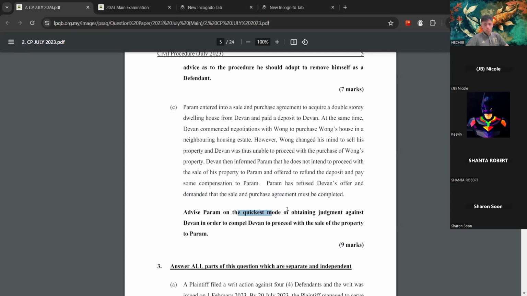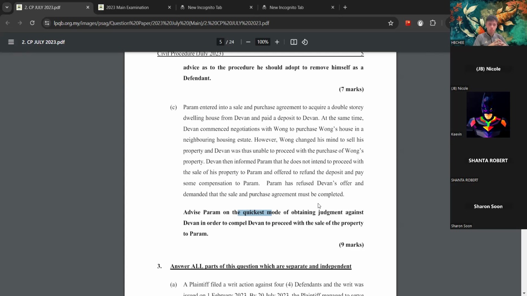But to me, I will separate my answer into three different parts. First, how are we going to approach Order 81? The first thing is we must commence a writ action by Param against D. So your introduction will be the appropriate mode to commence the action.